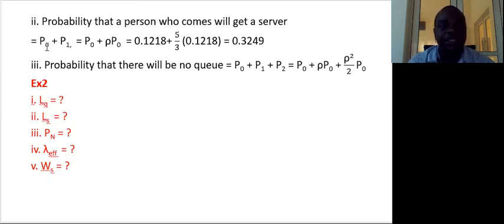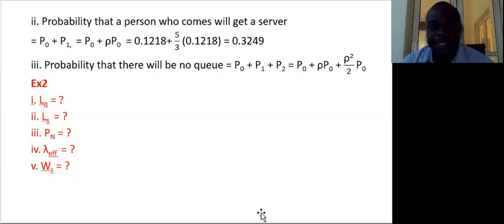That is to say, P naught plus P1 will represent such a scenario. Now, this will be equal to P naught plus rho P naught because P1, as we have mentioned earlier, is equal to rho P naught. So this is going to give us 0.1218 plus 5 over 3 into 0.1218. This is going to give us 0.343249.